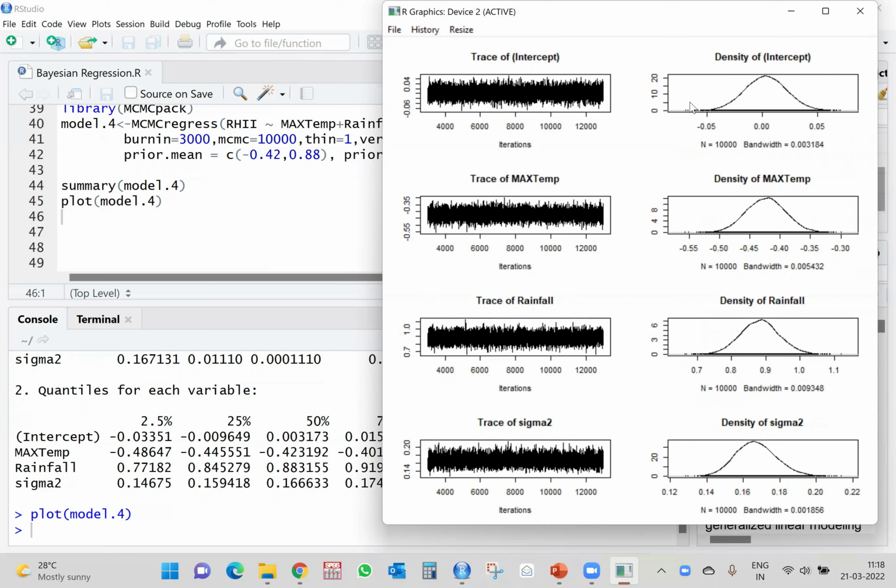Now this is the corresponding frequency distribution for each of these coefficients, and they are more or less bell-shaped and normal because of our prior assumption of a Gaussian function for each of these parameters.